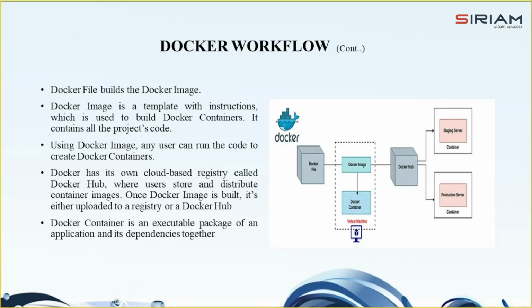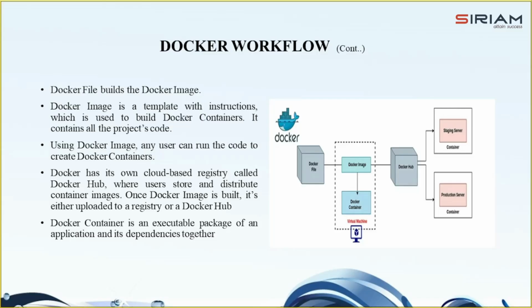The Dockerfile is what builds the Docker image, and the Docker image is the template with instructions. These are read-only, and have all the dependencies and configurations already written into the image, right? Docker has its own cloud-based registry called Docker Hub, where users can store and distribute container images.